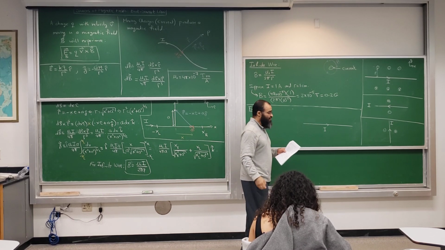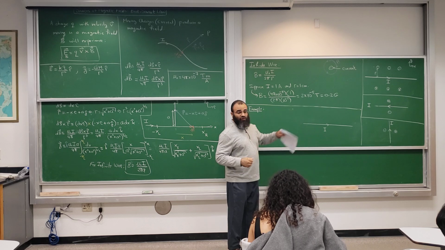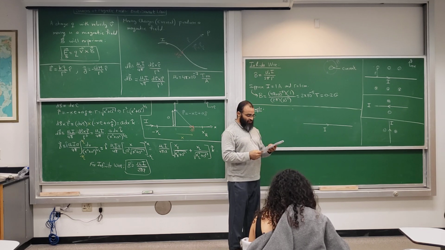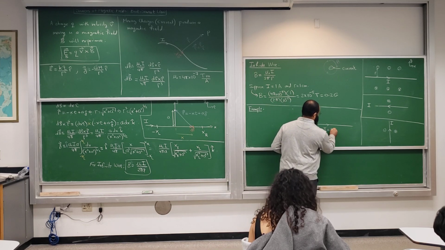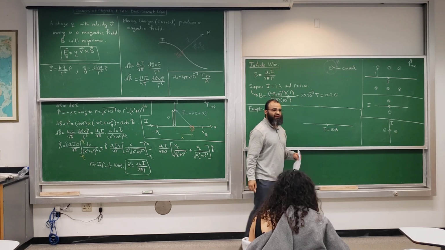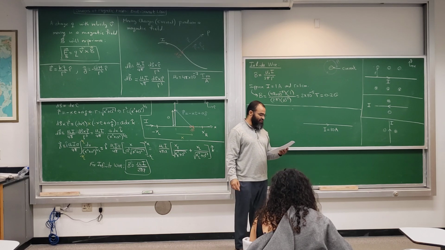Now the current is going from left to right, and let's say the current is 10 amps. So I is 10 amperes. That's the current in this wire, 10 amperes.